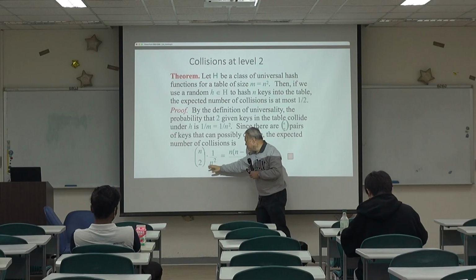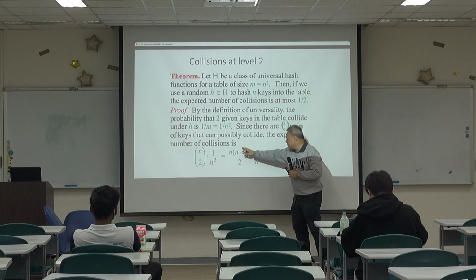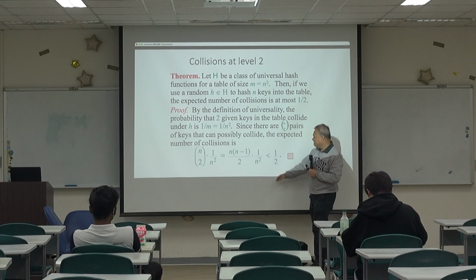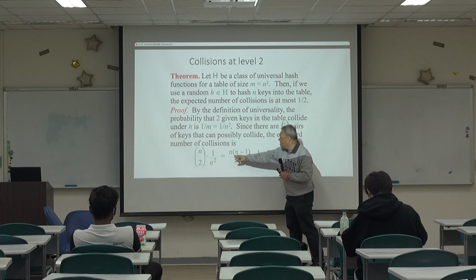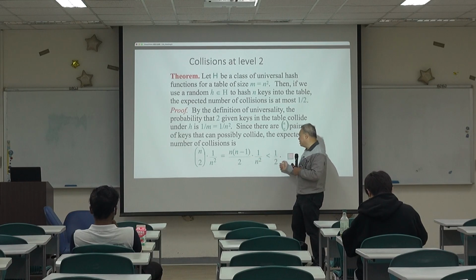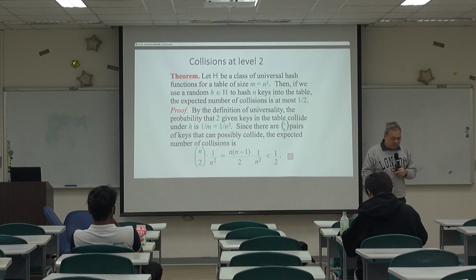Multiplying them, n squared cancels out, and n minus 1 is smaller than n, so the result is obviously smaller than 1/2.